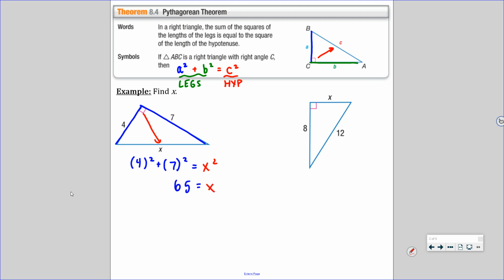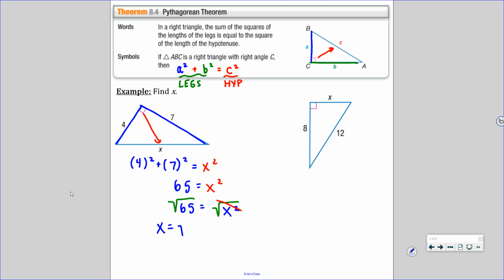Oh, here's a good look at, before we had equations with square roots and we squared both sides to get rid of the square roots. Now to get rid of the squaring, we square root both sides, because that gets rid of that layer.